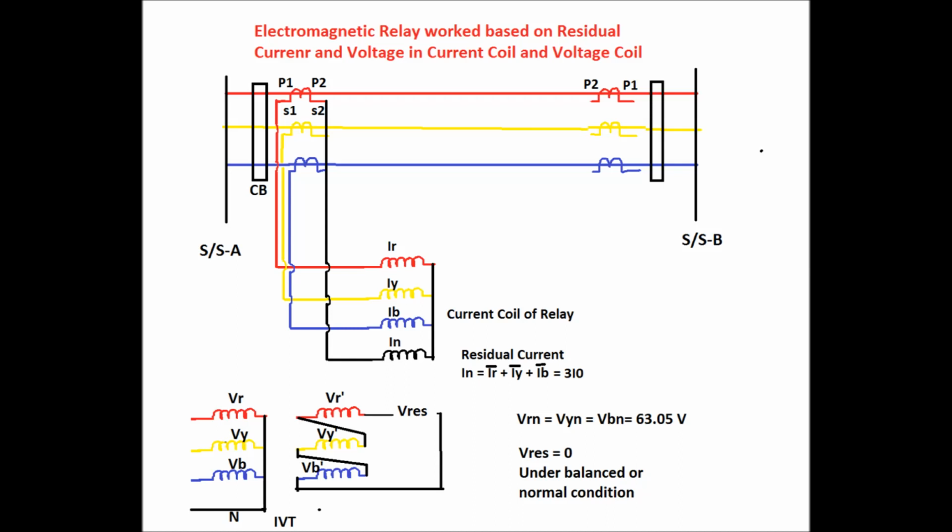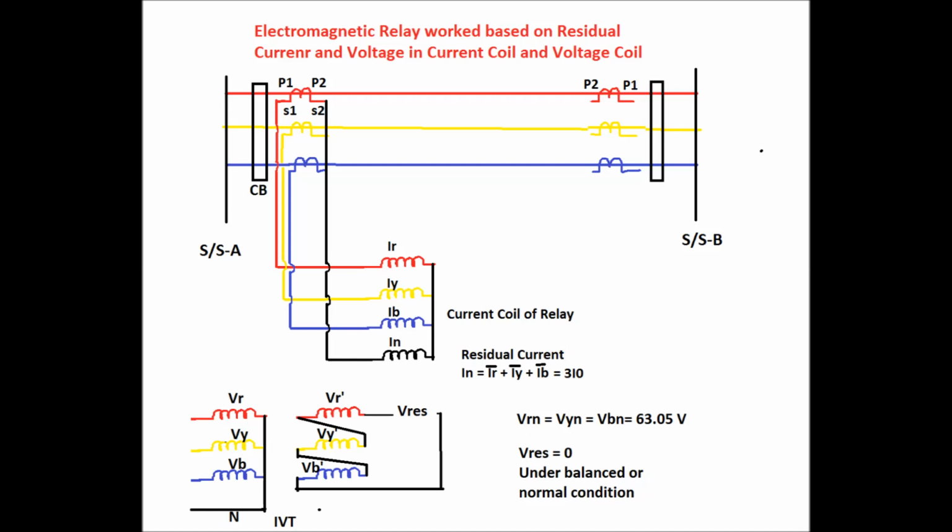That is, the PT secondary, that is the red phase, yellow phase, blue phase of the PT secondary, is taken to the primary side winding of the inductive voltage transformer, and from the secondary of the IVT an open delta formation is done, and from the open delta two terminals are taken to the residual voltage coil of the directional earth fault relay.